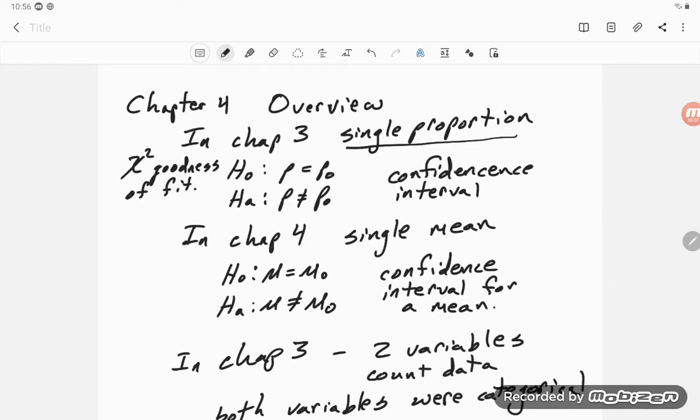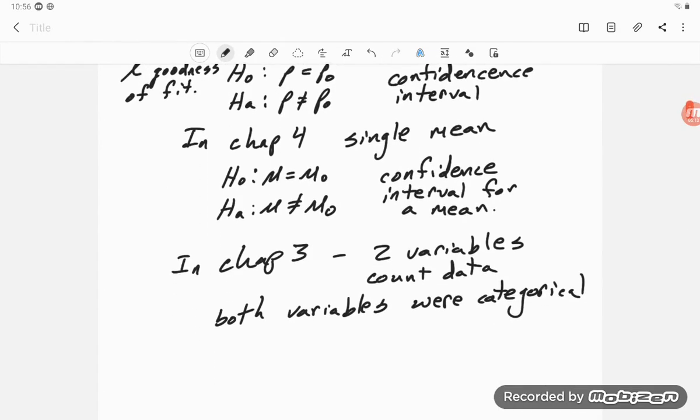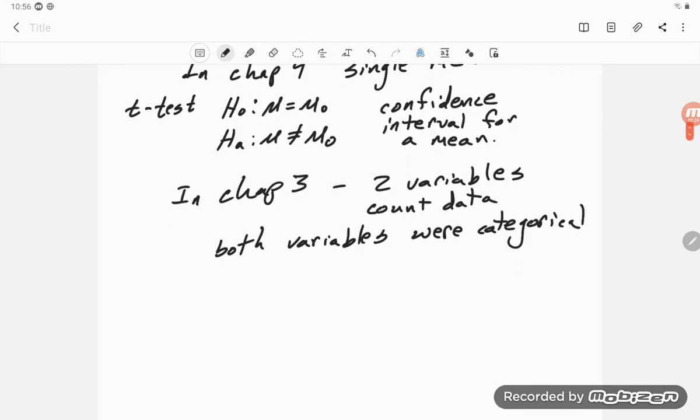Now, we also had other tests we could have run, but that was chi-square goodness of fit. And here, what we're going to use is a t-test, is what it's called. Okay.